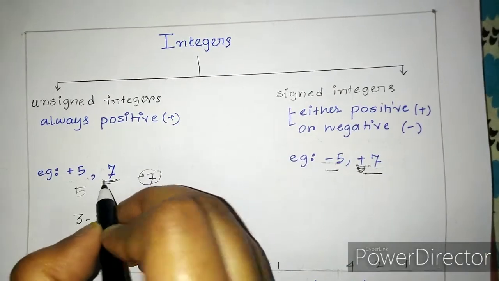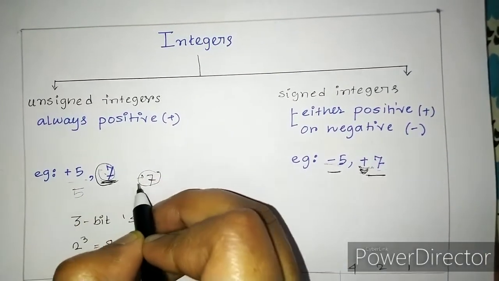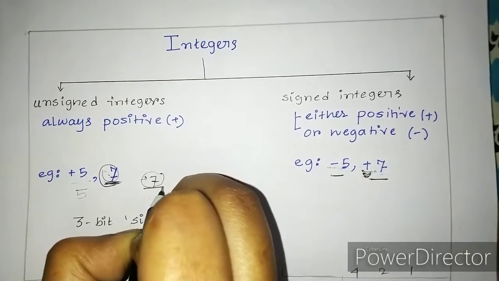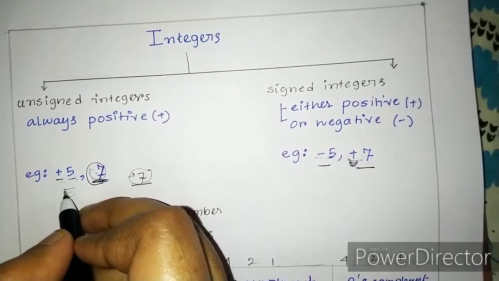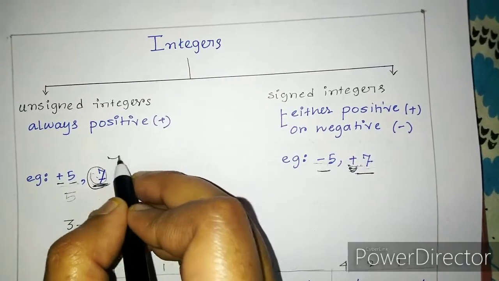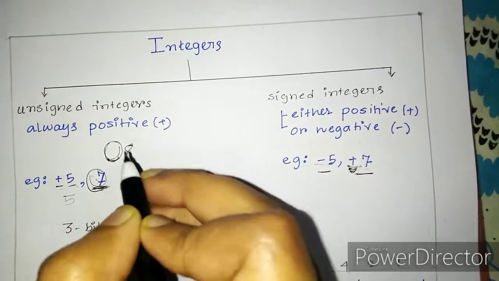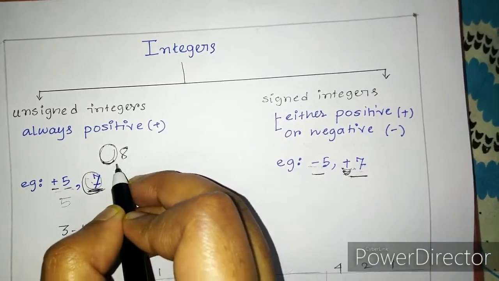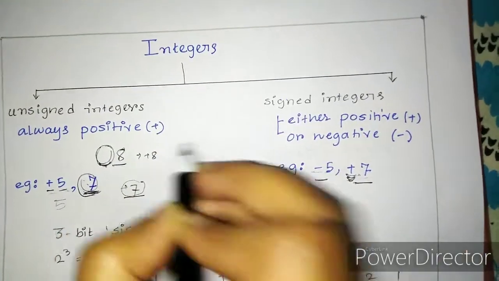Suppose I have taken 7 here. There is no sign, so we can denote it as plus 7. There can be a plus in front of it, but it doesn't matter, whether there is a sign or not. If there is no sign, it is obviously a positive number, like 8. There is no sign in front of this, it means it's plus 8.